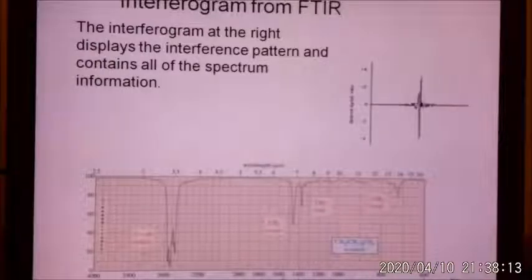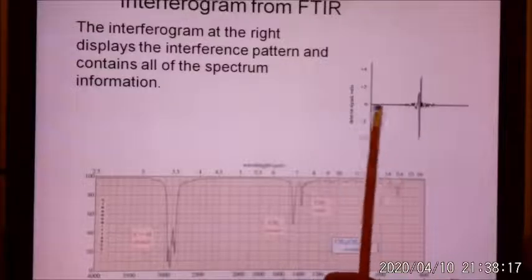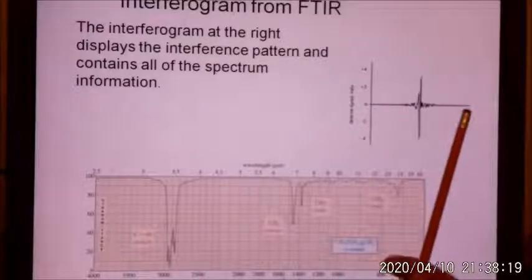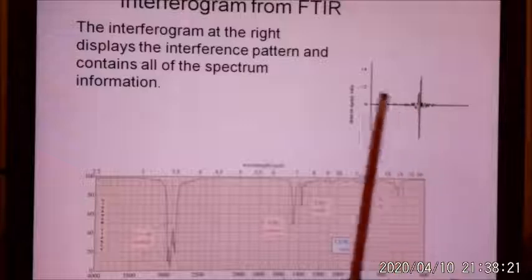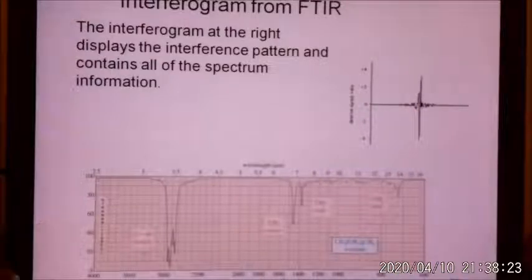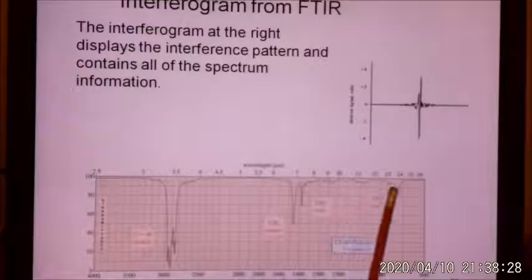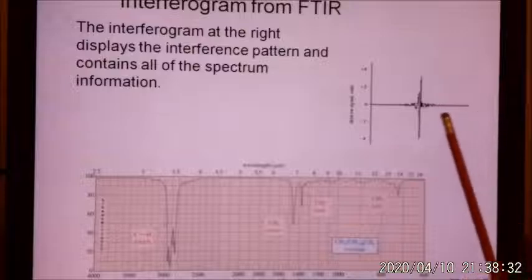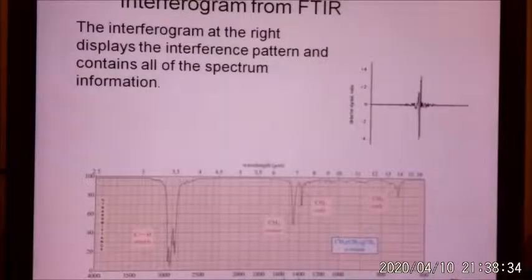When I run my FTIR on my sample, this is what the interferogram looks like. When I do the Fourier transform, then basically these are all the different frequencies that cause this pattern. And we're looking at the beat pattern really towards the tail.